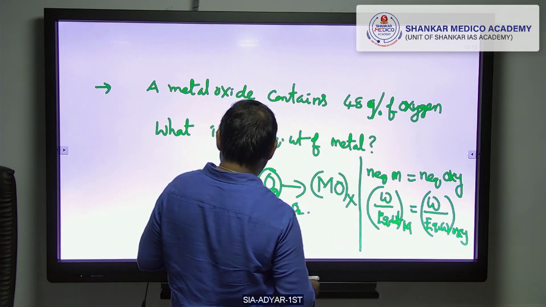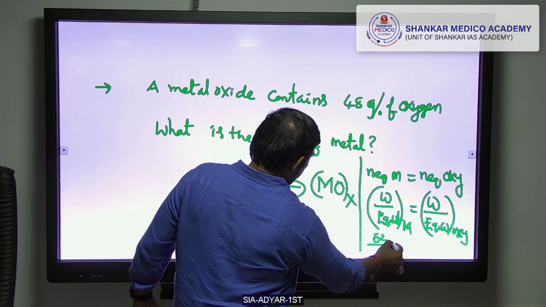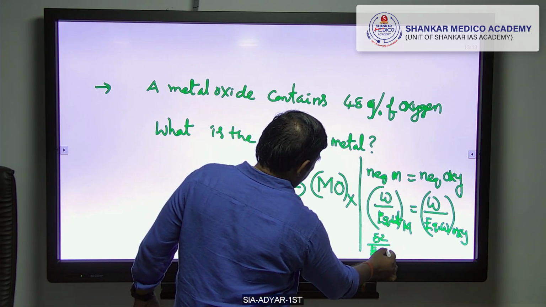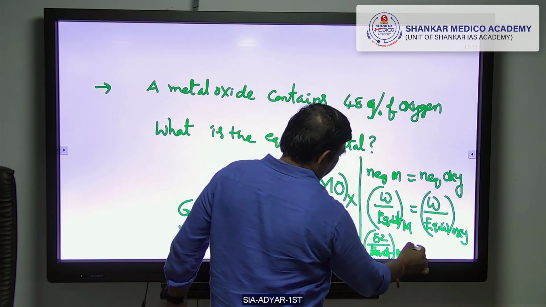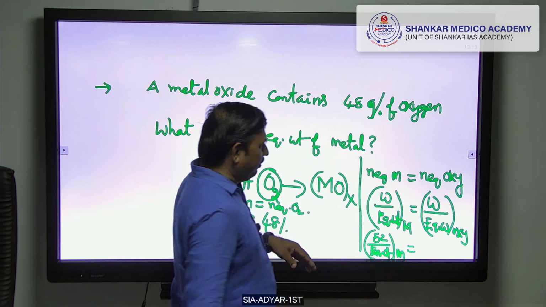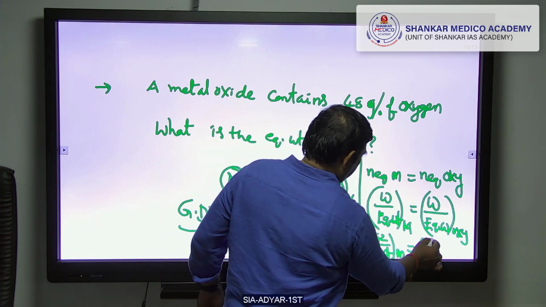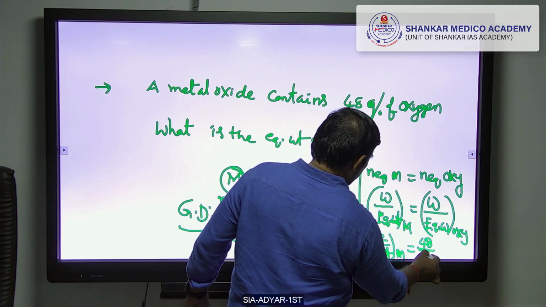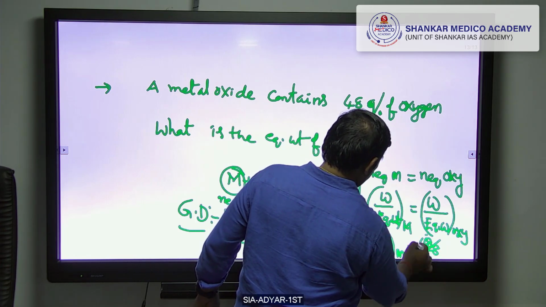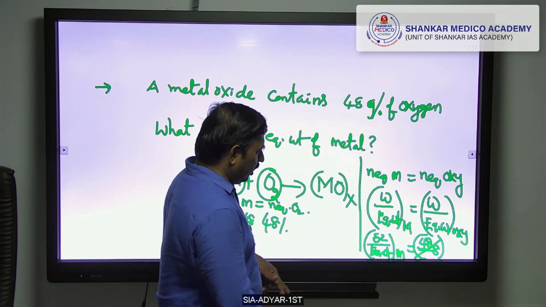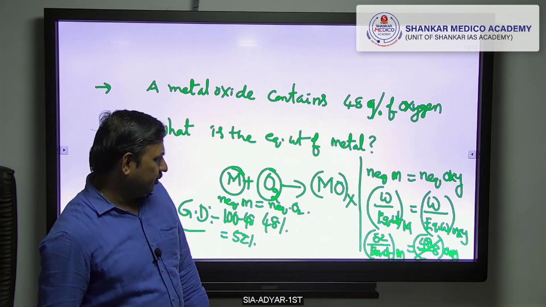Suppose the weight of the metal is 52. The equivalent weight of the metal we don't know, this is M for metal. Regarding the weight of oxygen, how much are they giving? 48. But the equivalent weight of oxygen is 8.